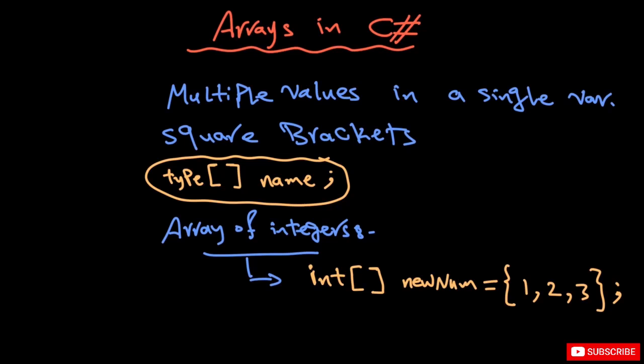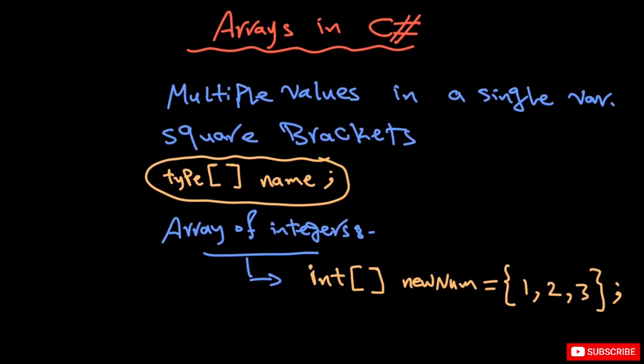In an array we separate the items using commas, all that inside curly braces as you can see, and a semicolon at the end of that statement. That special variable called newNum holds 3 items of integers in this example here, and you can place any number of integers you wish.